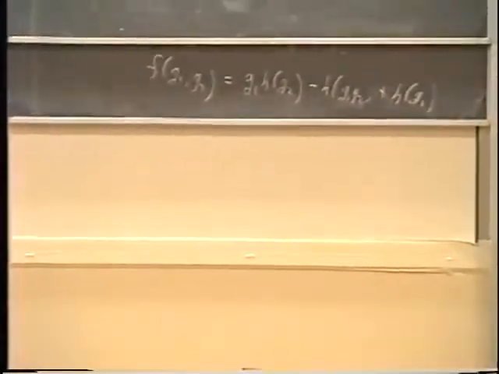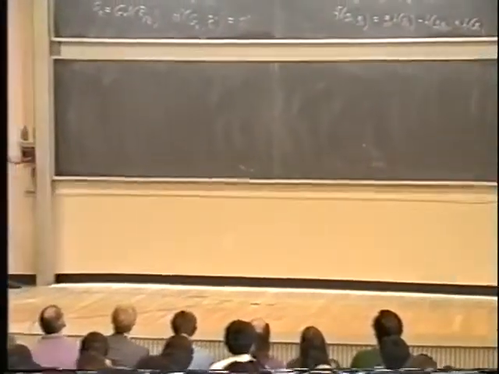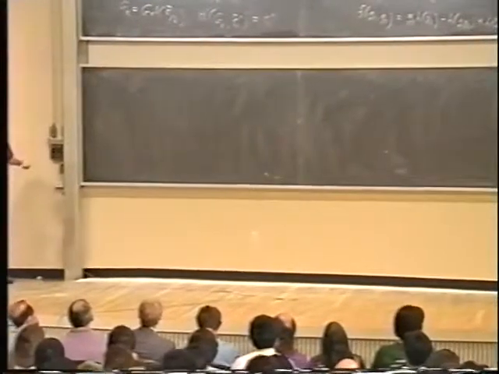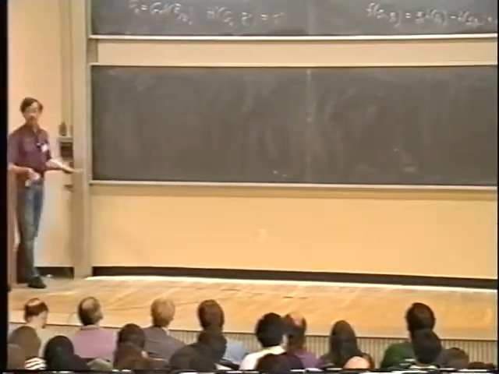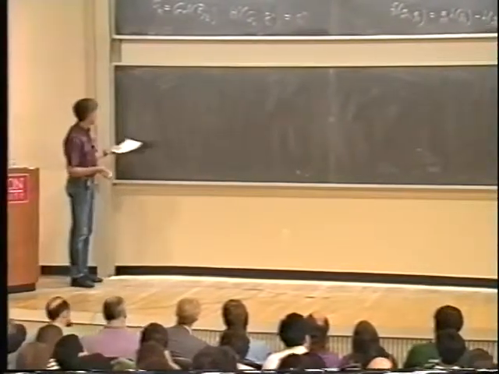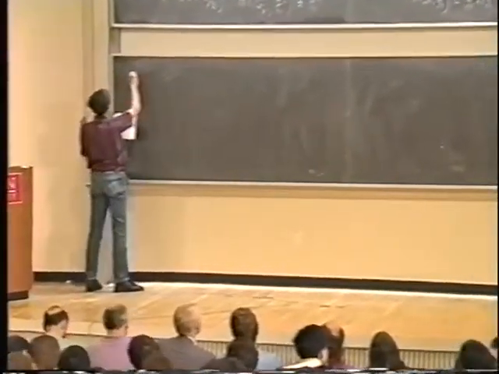So let me, I want to give one or two examples. Okay, so how are we going to get an element of H2? We need to write down a cocycle. So what are we going to do?